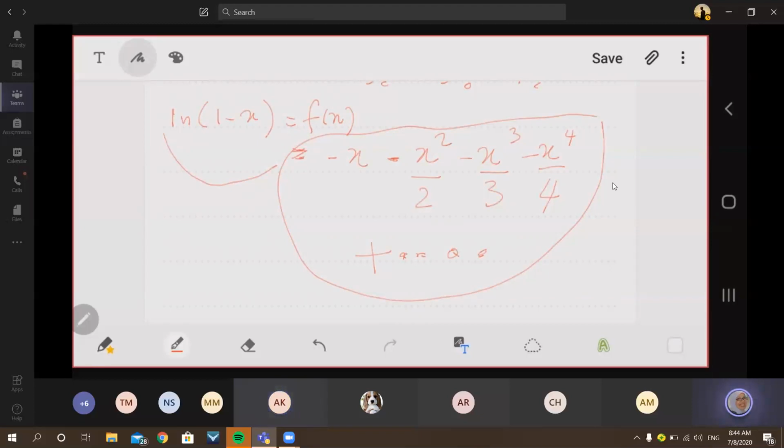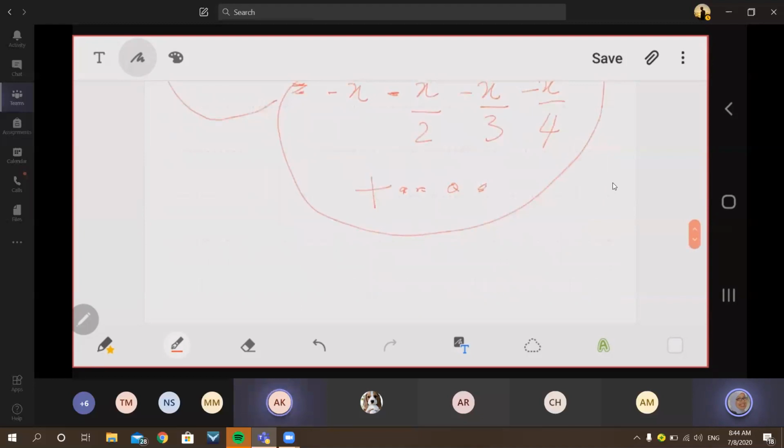That is a simple statement: if something is less than 1 and you square it, you increase the power, you get a lesser value, isn't it? So in this case, what is the condition? The range of validity: the modulus of x is less than 1.